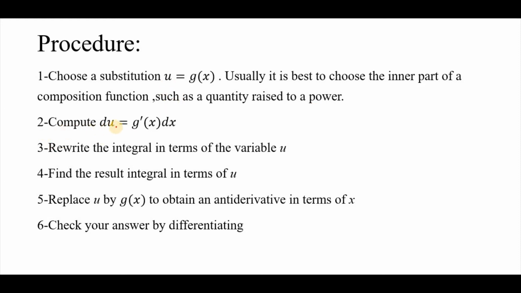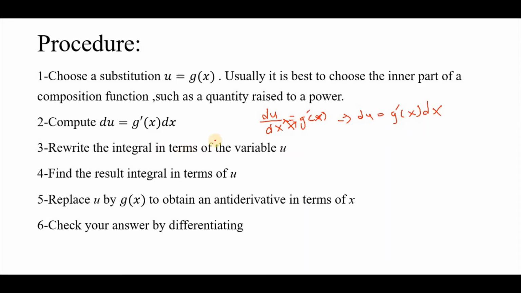Then we're going to compute du, which is basically the derivative of g of x times dx. Remember how I did that? I said we find du over dx, which is the derivative of g of x, and then I want du by itself, so I'm going to cross multiply, and that will lead to du is equal to g prime of x dx.